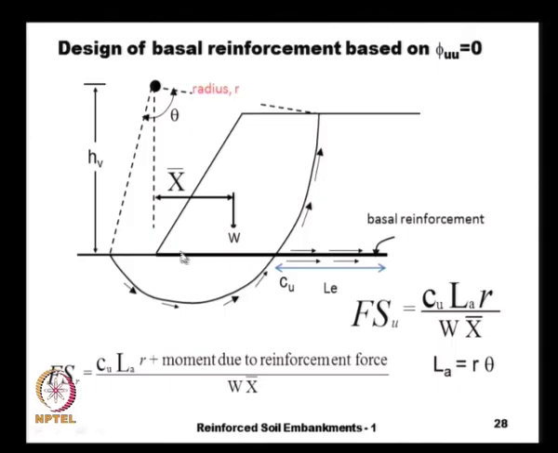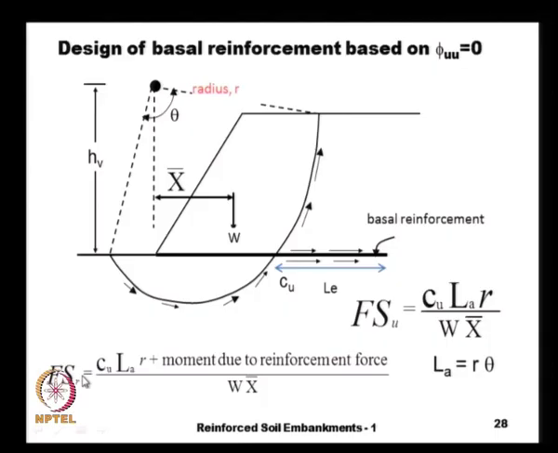And after providing this basal reinforcement, the factor of safety increases because of this additional stabilizing moment, and the additional stabilizing moment is added on to the stabilizing moment because of the soil resistance. That entire quantity divided by W times x bar is our factor of safety of the reinforced slope.